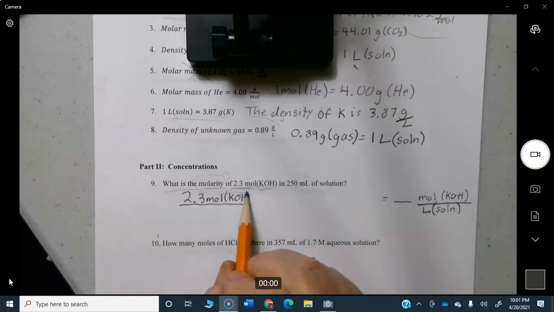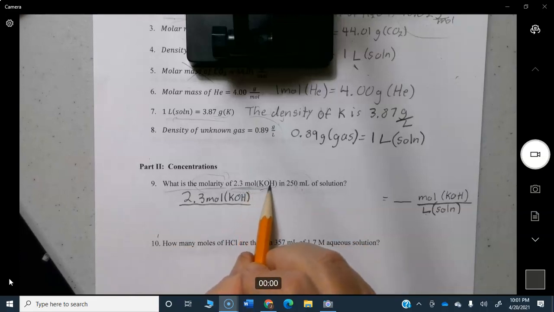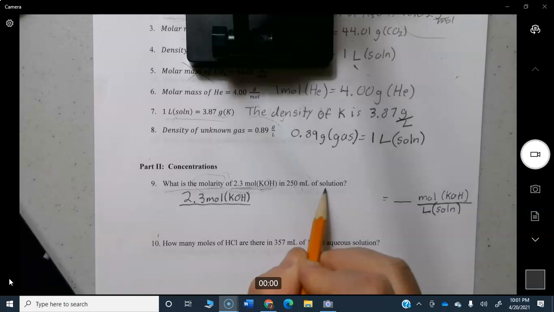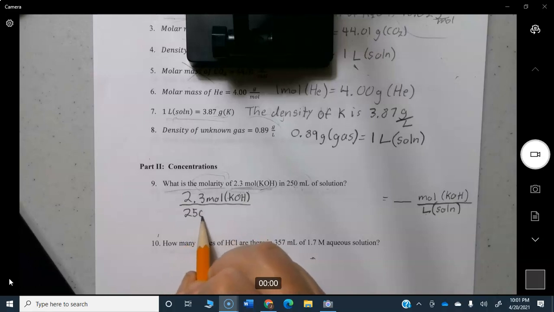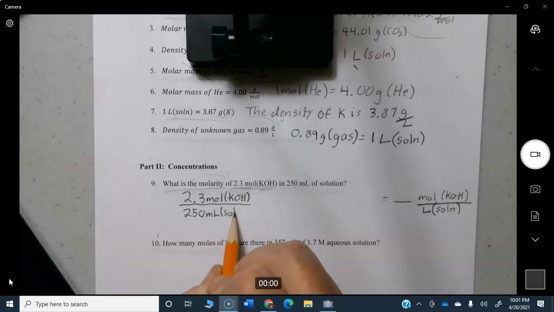per, here's what it's saying. You have 2.3 moles of KOH in 250 milliliters of solution. So you have this many moles of KOH for every 250 milliliters of the solution. The way you solve these problems is you first just deal with the numerator.